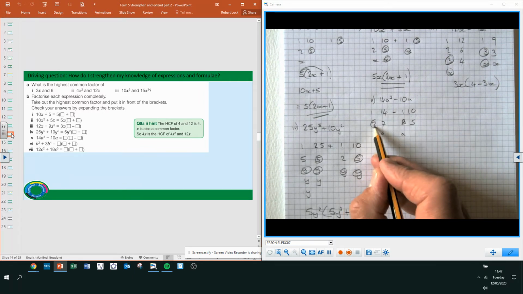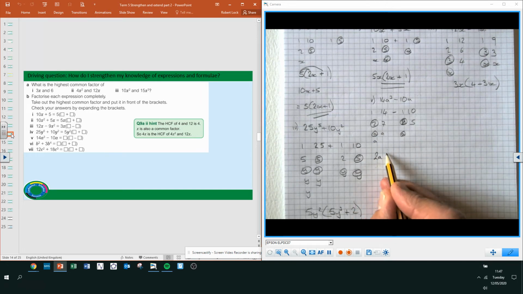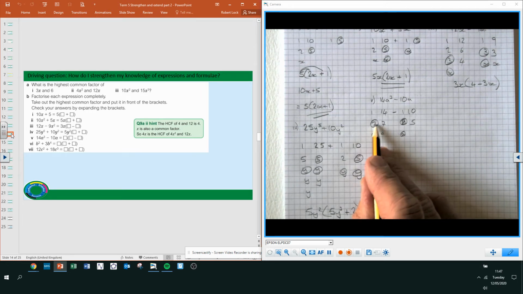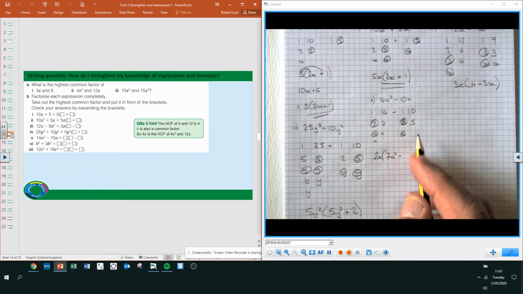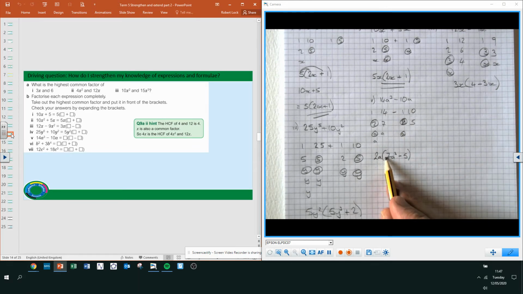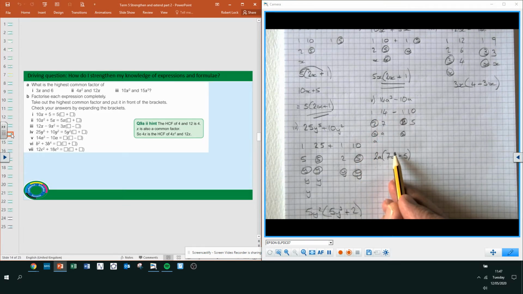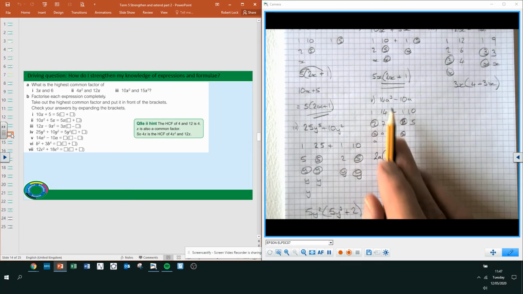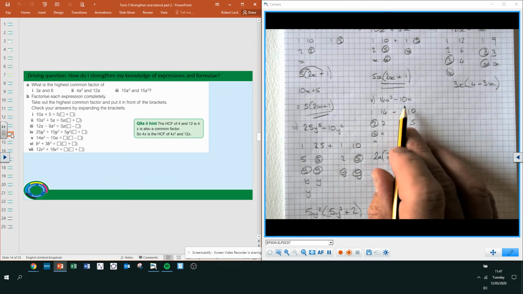So 2 and a are common. So 2a on the outside of the bracket. The number left is 7, a squared, minus 5, no letters. So 2a, 2 times 7 is 14. a times a squared is a cubed, minus 2a times 5 is 10a.